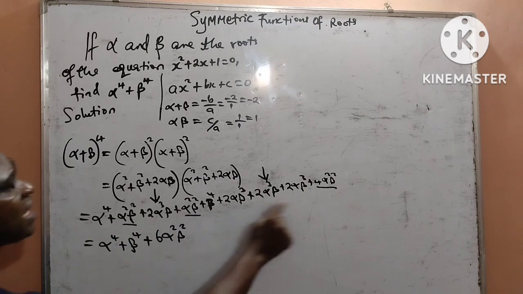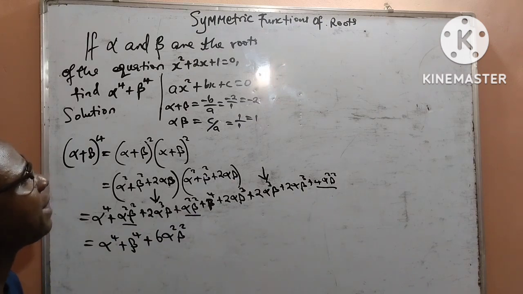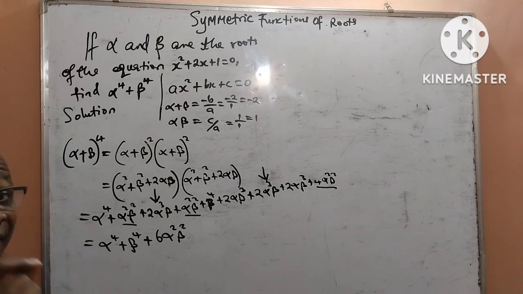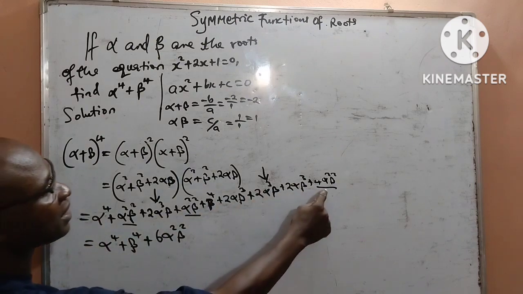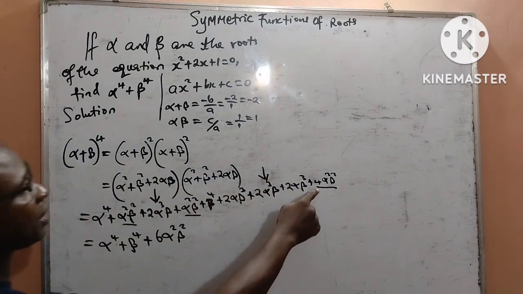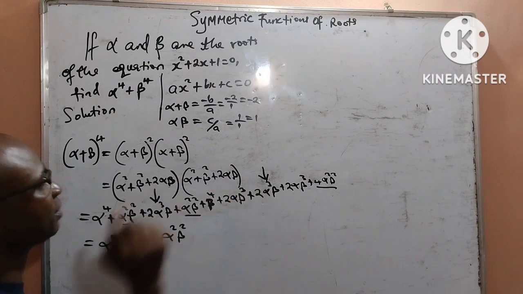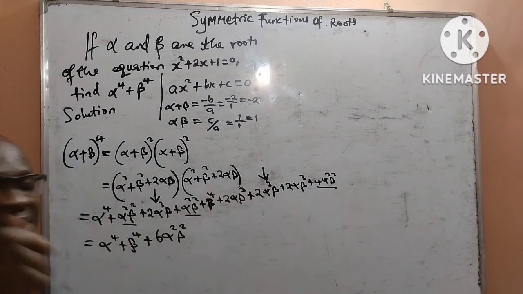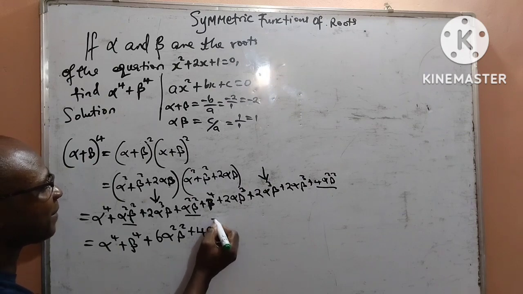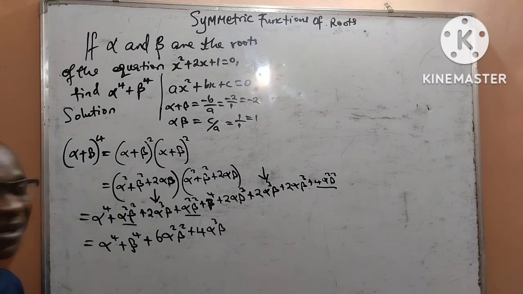Next one, I underline those ones that are power 2. Now, I am pointing arrows to the ones that are alpha power 3 and then beta power 1. So that is here and here. I will bring them together. If I add the 2, I will get 4 alpha power 3, then beta, beautiful.